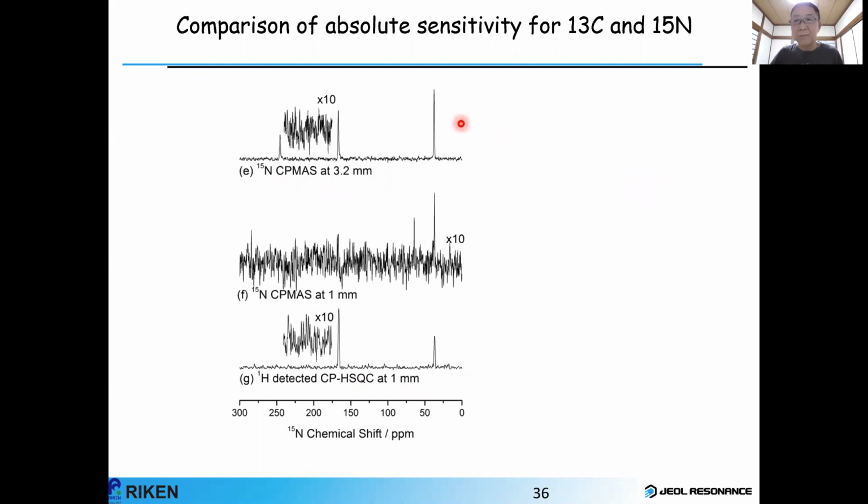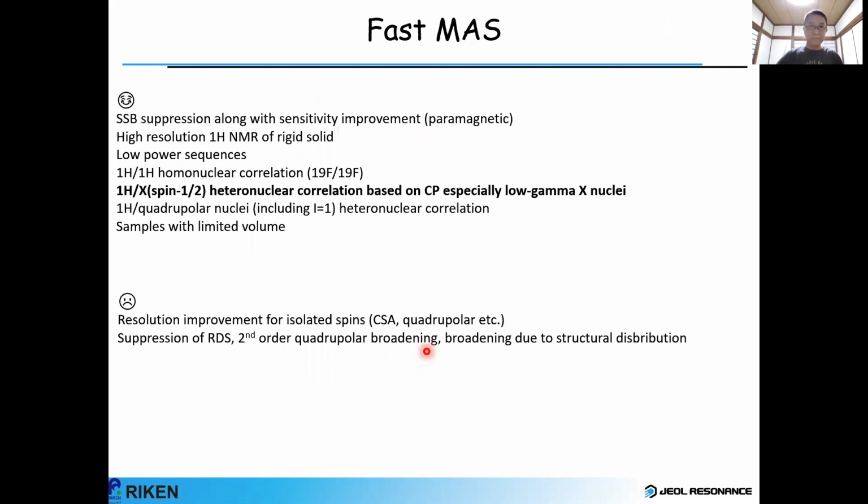So that means if we use proton detection with a smaller rotor, we have almost the same sensitivity, and we have another proton dimension to observe a 2D spectrum. So for this nucleus, I recommend proton detection, even though the sample volume is limited. So the proton-X method is quite a useful sensitivity enhanced method, especially for low gamma nuclei.